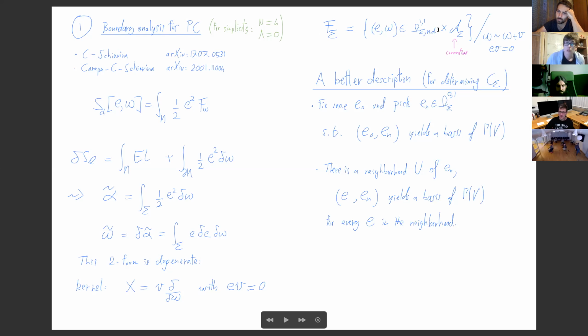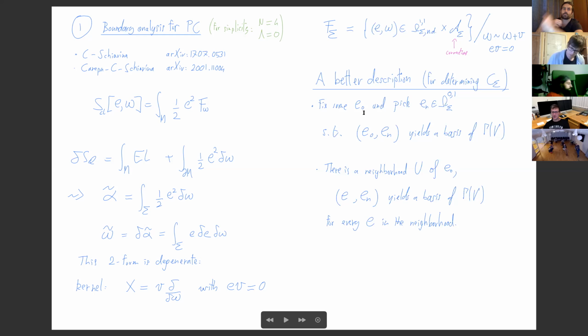So now the space of boundary fields is described as a quotient space. This is not very good because it's not good to work with a quotient space, and it's more difficult to determine this constraint space sigma in the quotient. So it's better to replace this quotient by some section of the space, and we can actually do it.